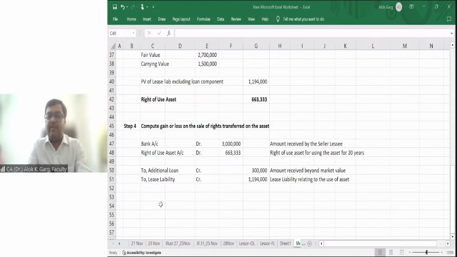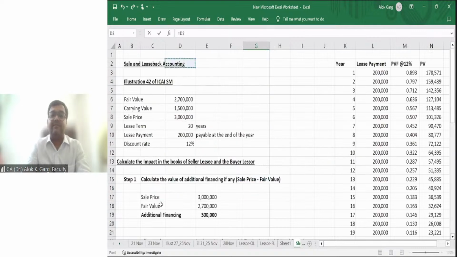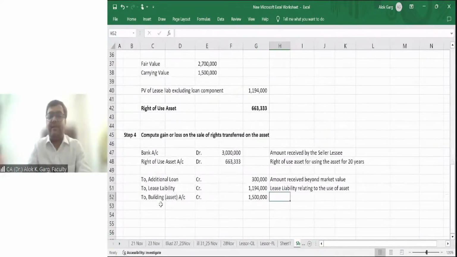And since I have sold this asset, I have to credit the building also, by 15 lakh rupees, which is the carrying value of the asset given in the question. Asset is recognized at carrying value.